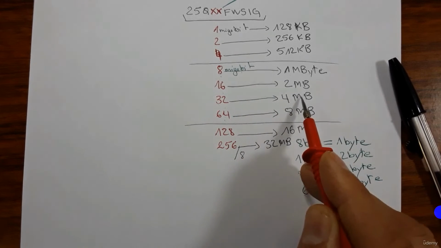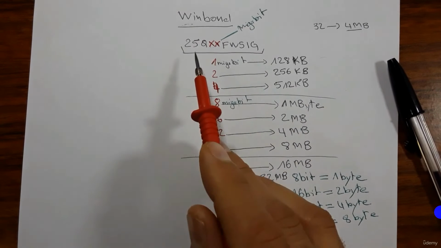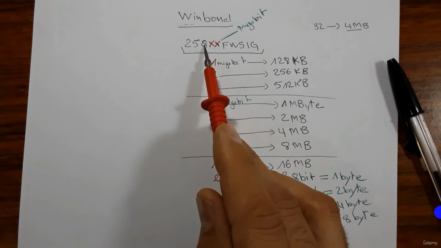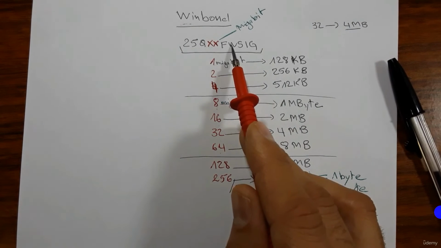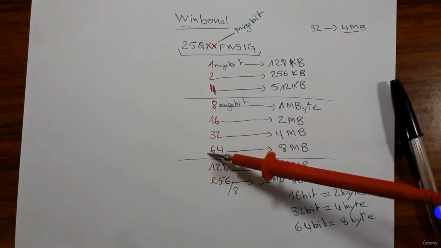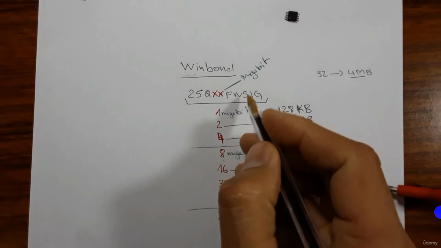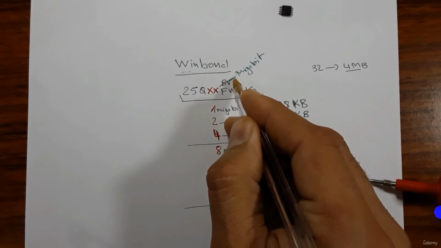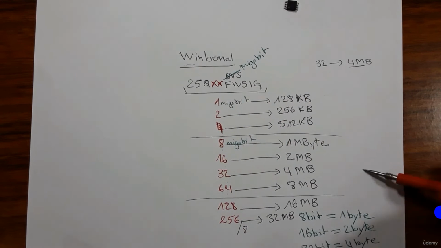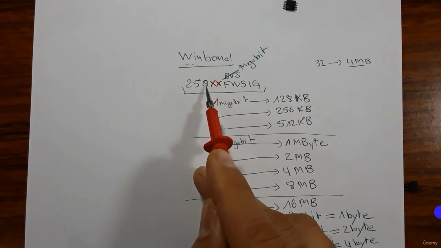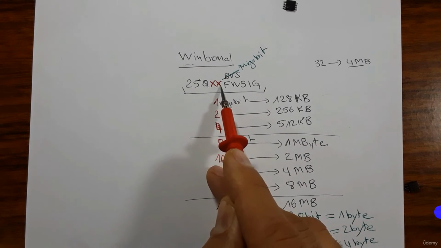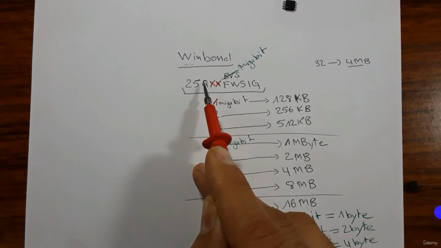And as you see in the BIOS, we have 25Q32 BVS. Okay, we can find here FWS or BVS, no problem. Always you should check or focus on the number after Q.